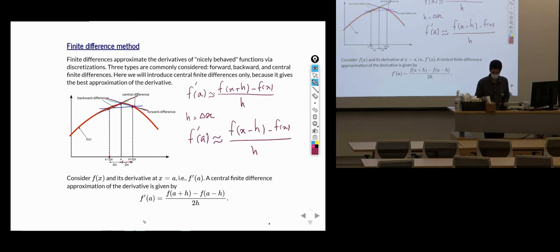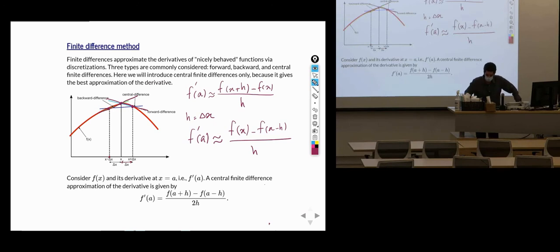Now, a better idea is, I think this might be correct.